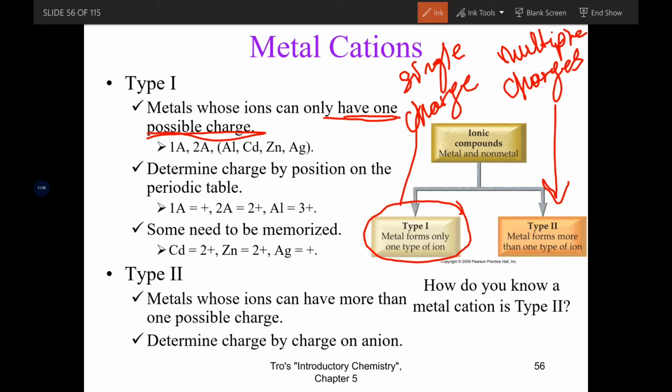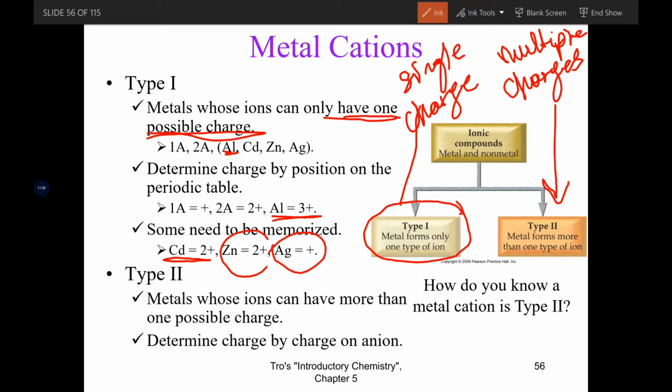Then we have group 3, where we're going to look at aluminum. It has a 3+ charge. Then we have cadmium, 2+, zinc, 2+, and silver, just +1. Those are the type 1 elements.